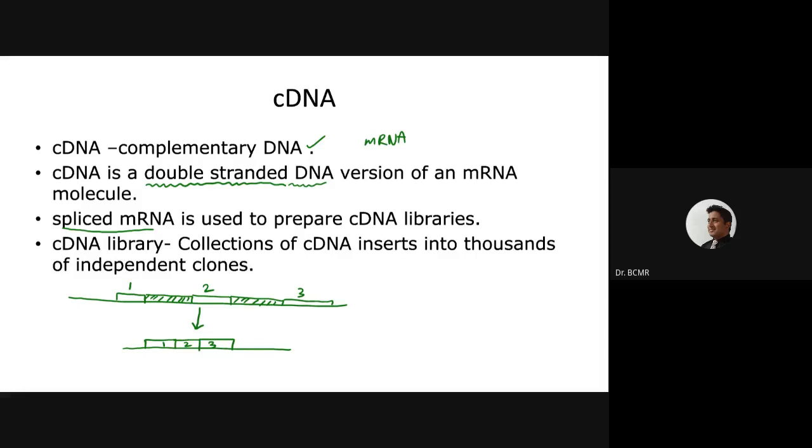And if you remember transcription, you'd also note that there is a G cap on the 5' end. I encourage you to try to find out the chemical structure of the G cap. And there is also another part, a poly A tail. These are features of eukaryotic mRNAs.